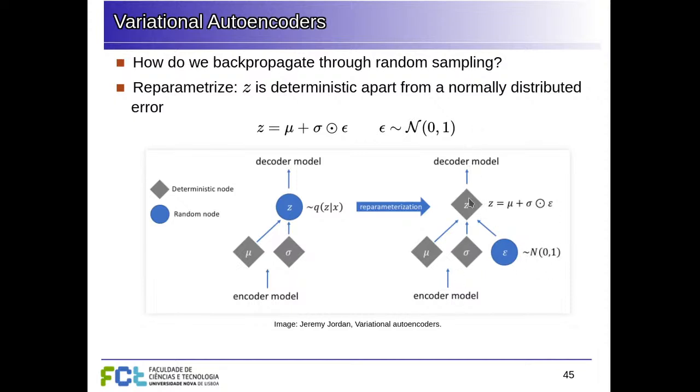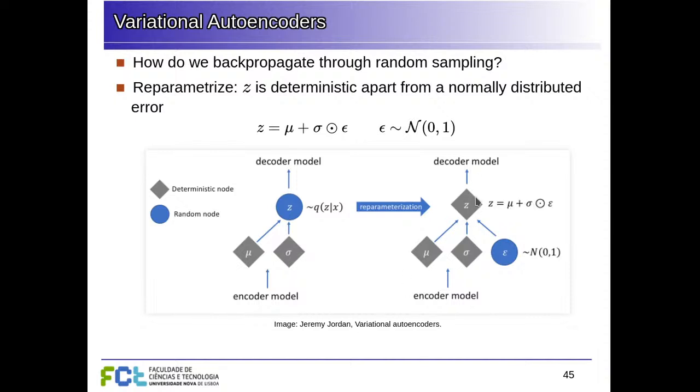Now, when we're doing backpropagation, we cannot do backpropagation on this branch because this was a random sampling. We don't have the operations for which we can compute the derivatives. But this doesn't matter because there are no parameters to learn on this side. This is merely injecting a scaling factor there. What we can do is propagate over here and over here by taking epsilon as a constant and the mean there and so on.